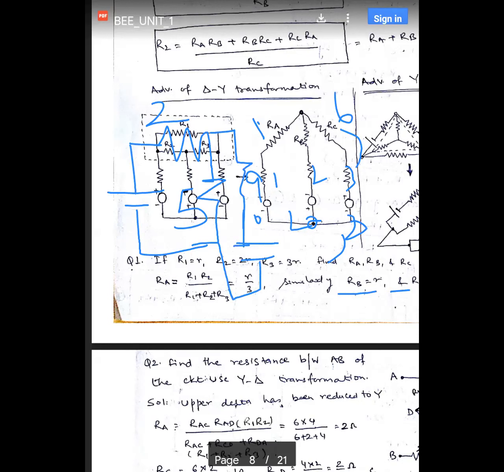Again, what you have to do, you have to check the polarities of the battery sources.